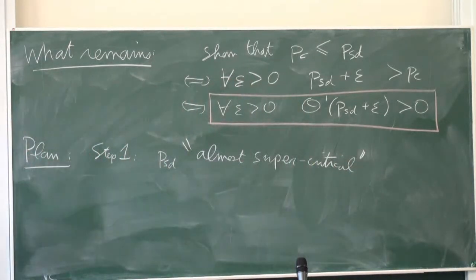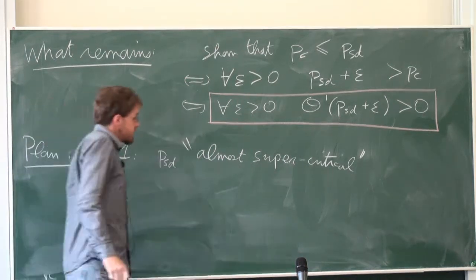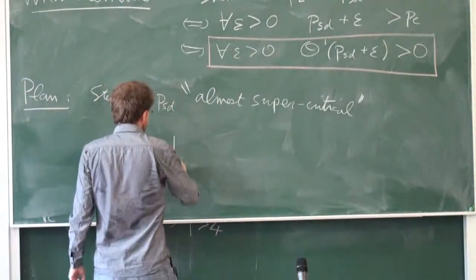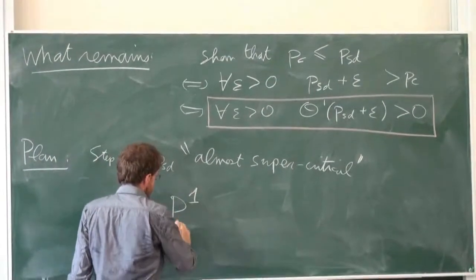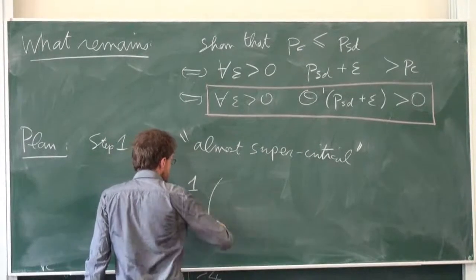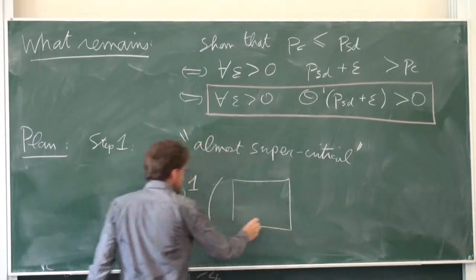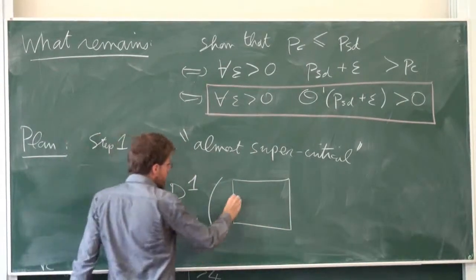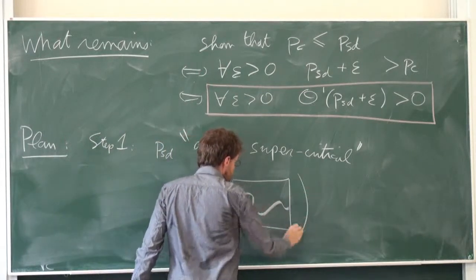And by that, what I mean is, at the self-dual point, you already see something which is macroscopic. Maybe you don't see an infinite component, but you see large components. And a precise statement would be something like that: take a box and you look for an open cluster crossing the box.